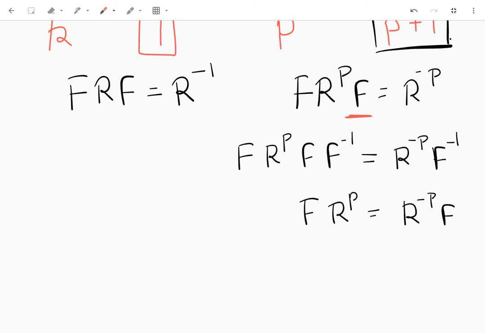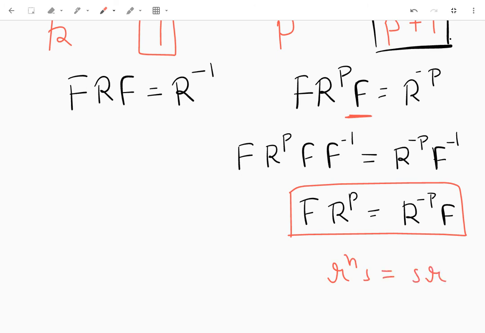And by chance, we have proved yet another thing, which is written in the books as r to the power n s equals s r to the power negative n. This is in a way the proof of that. Okay, let's get back to our proof.